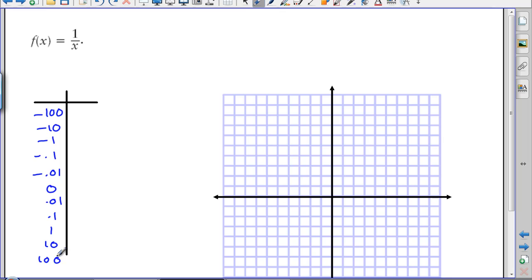And when you create a table of values, you're taking each value and plugging it in. So 1 divided by negative 100 is equal to negative 0.01. And 1 divided by negative 10 is equal to negative 0.10. And you could continue this pattern.